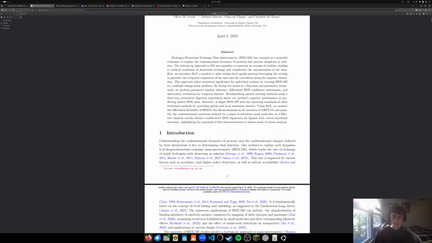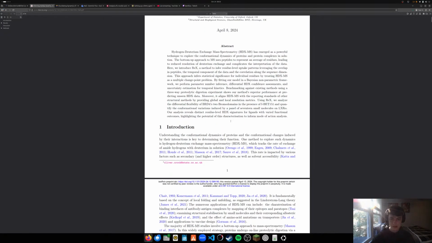We perform parameter number inference, differential HDX confidence assessments, and uncertainty estimation for temporal kinetics. Benchmarking against statistical models using a three-way proteolytic digestion experiment shows our method's superior performance at predicting unseen HDX data.